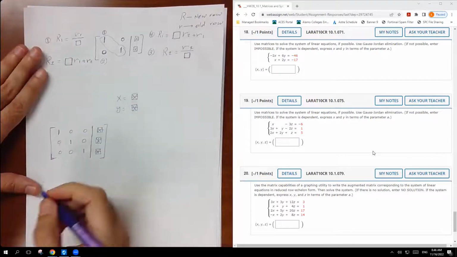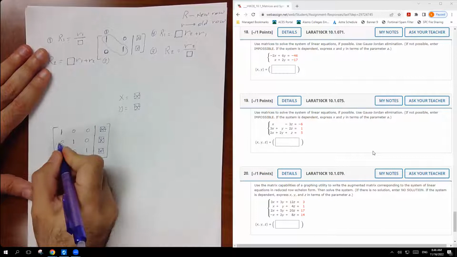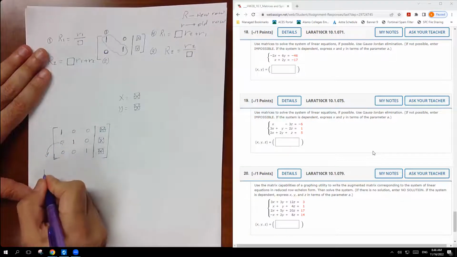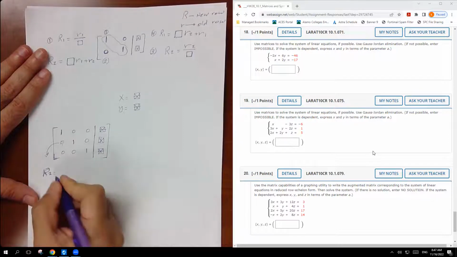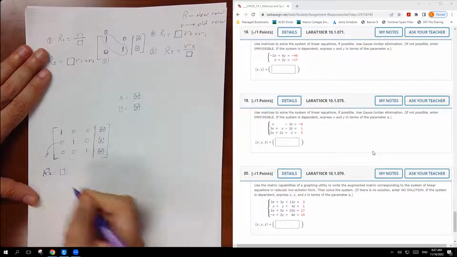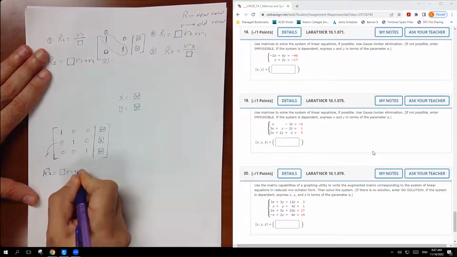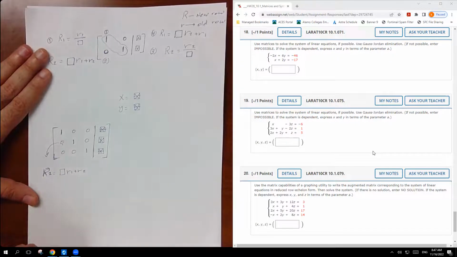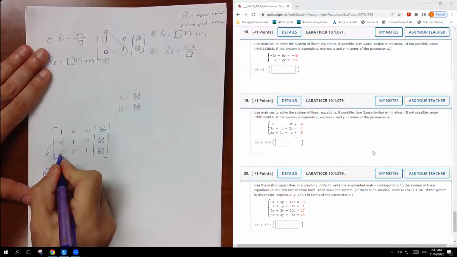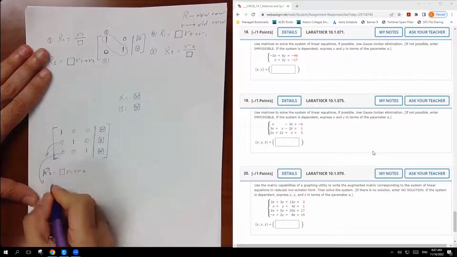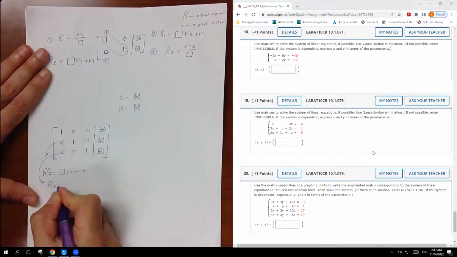So for this location, you're going to say the new R2 is going to be equal to a number with R1 plus R2. What's the number here? If it's negative, you're going to put positive. If it's positive, you're going to put negative. For this step, you're going to get a new R3.